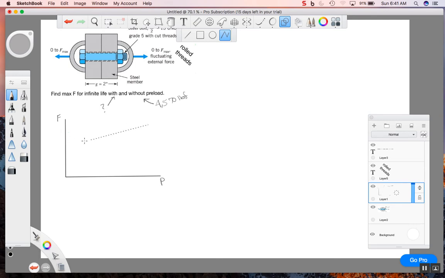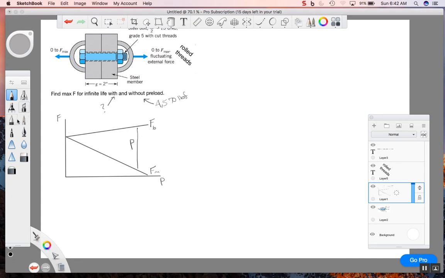We also know that the bolt is not nearly as stiff as the members, and so it looks a little bit like this. Now I've got the force in the bolt up here, and then the clamped force in the members down here. So as I pull, that force is picked up here. So this is P.